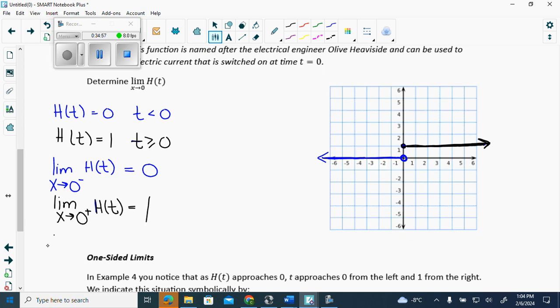Therefore, which is that little three dots we do in mathematics, because it's a real thing, the limit as x approaches 0, not from the right, not from the left, of h of t, which is what they asked us, does not exist.